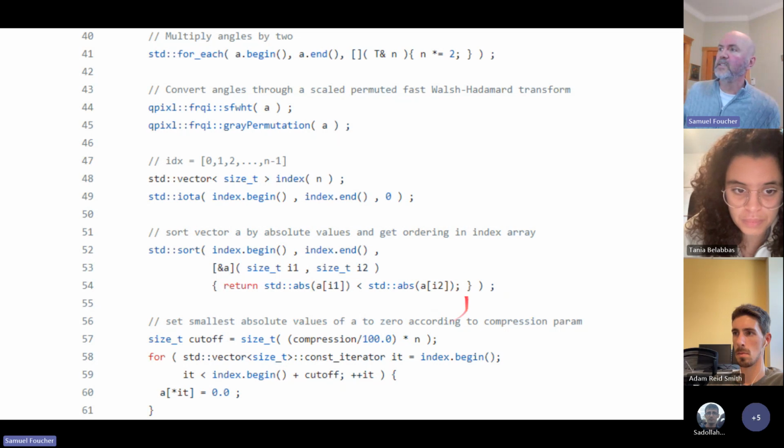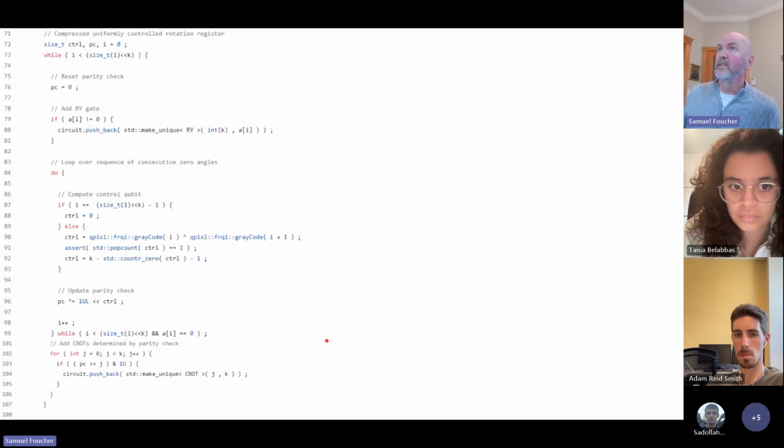In fact, I believe they simply remove the smaller values. So the compression is like you remove 10%, 20%, 30% of the lower pixel values, and you put them to 0 here. Okay, so this is the compression, it's just that.